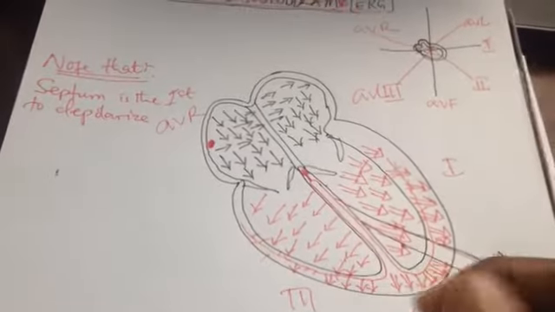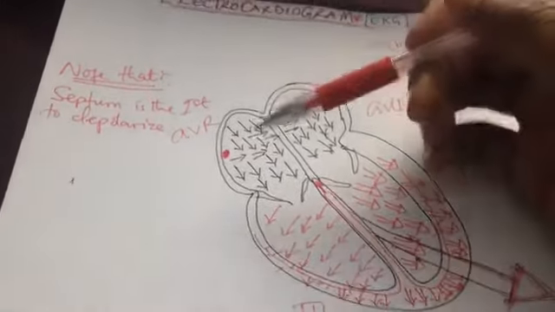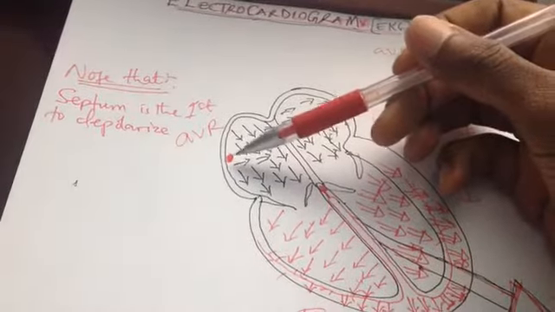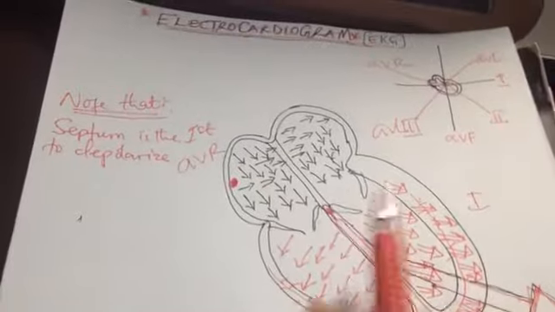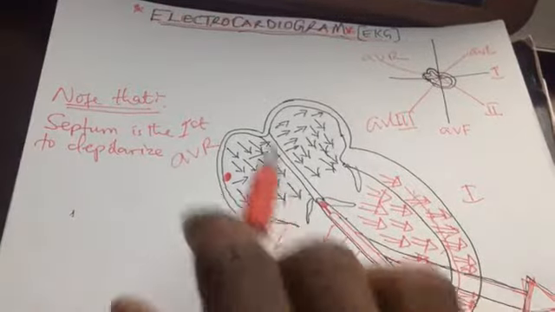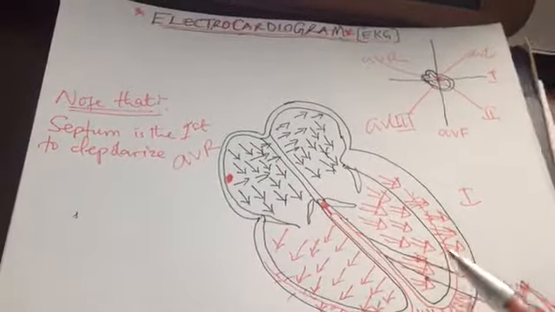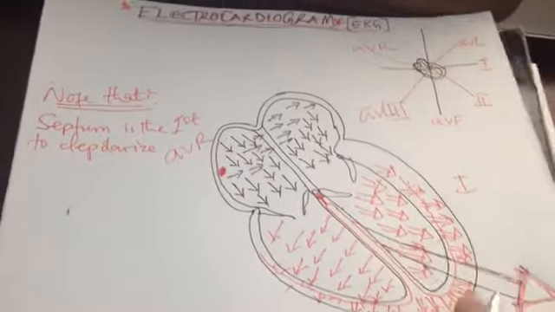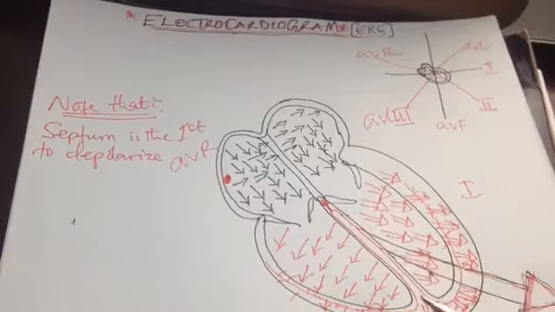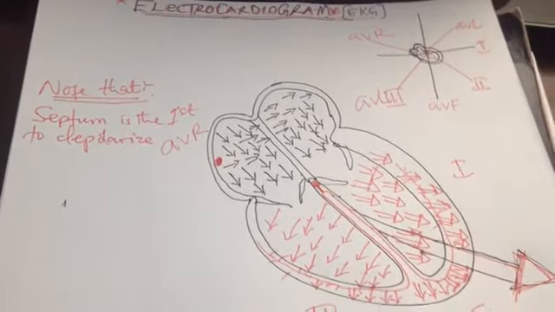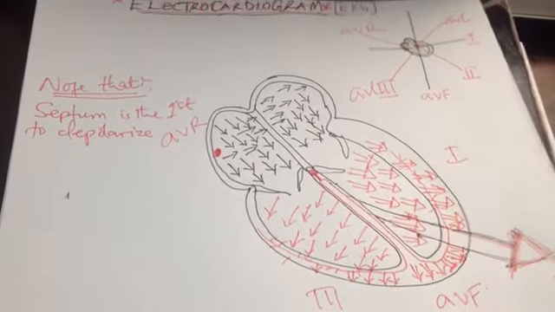So now we are going to see the direction. As we can see, here is the SA node, this is the AV node, and this is the direction, because the impulses are moving in the heart in different directions. But where the heart is thicker is what determines the average direction of the depolarization wave, which is called the cardiac axis.